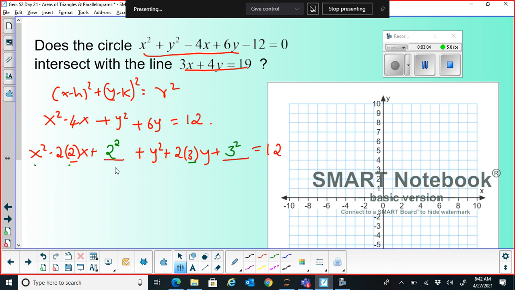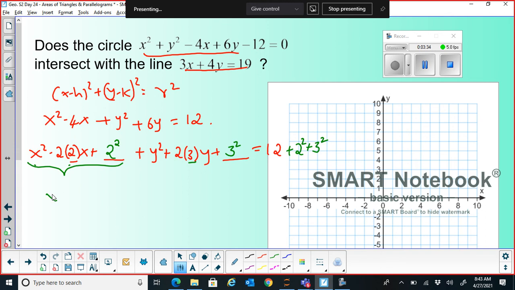I have added 2 square and 3 square on the left side of the equation. I need to add the same terms on the right side of the equation to balance it. So I need to add 2 square plus 3 square on either side of the equality. Now, using these three terms, this is of the type a square minus 2ab plus b square. I can write it as a minus b whole square, where a is x and b is 2.